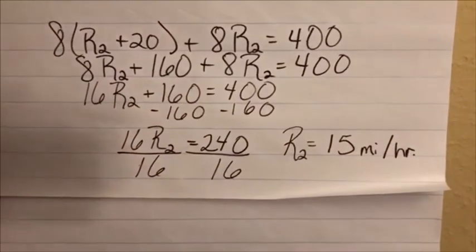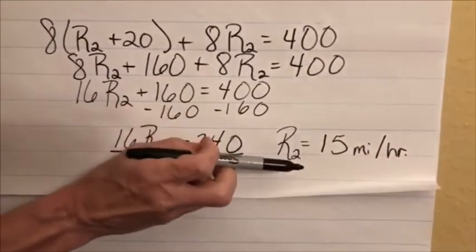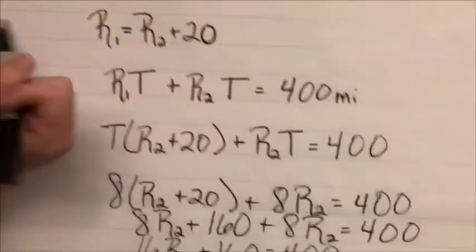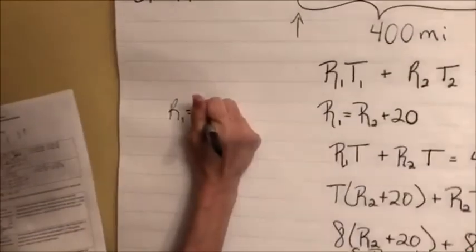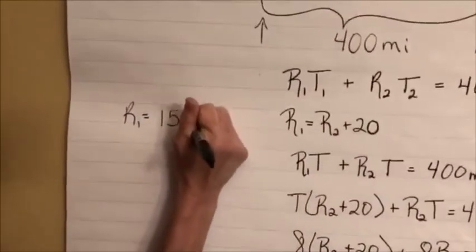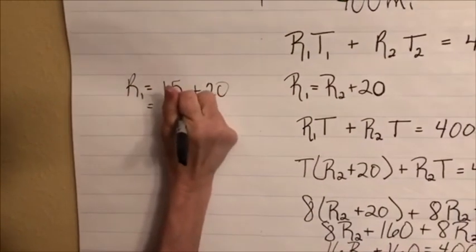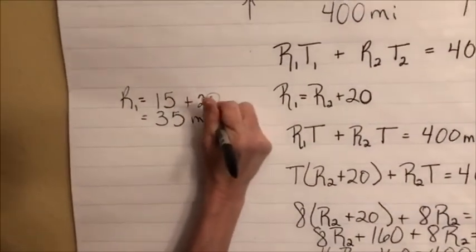Now that we know the rate of the second ship, we can substitute it here. So the rate of the first ship equals 15 plus 20, so it equals 35 miles per hour.